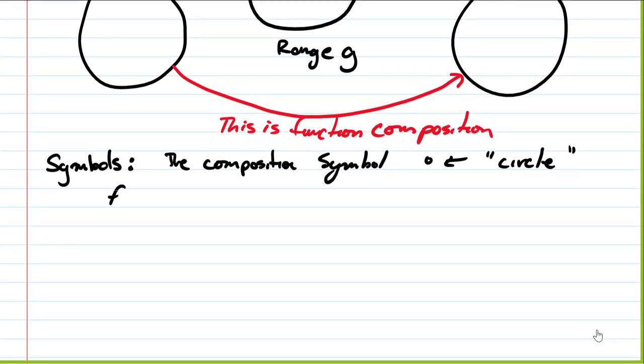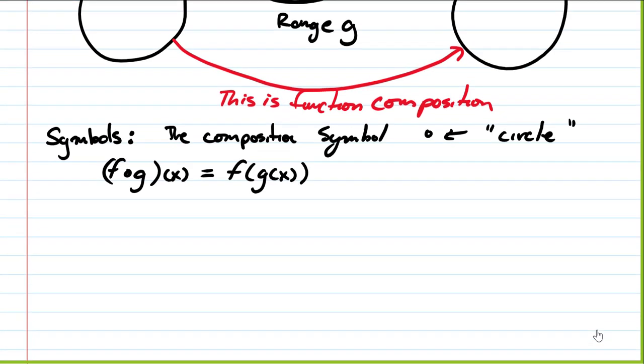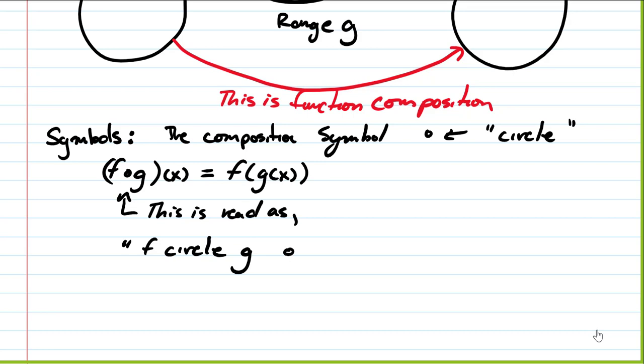So f circle g of x is defined to be the function f evaluated at g of x. This is read as f circle g of x, or f composed with g of x.